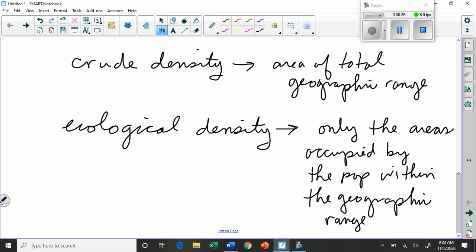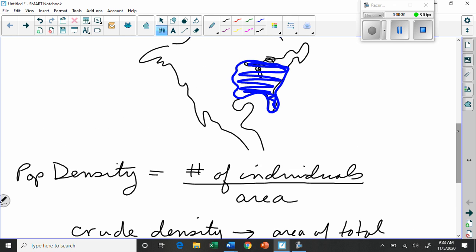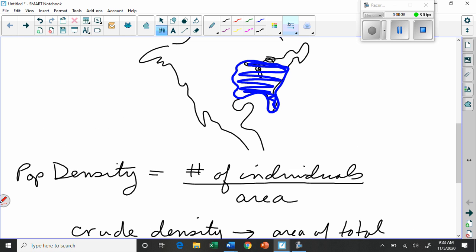Okay, so if we go back to the map, we might find that the yellow warblers in this map are actually not spread evenly out. Maybe they're focused around areas like this in the Great Lake region, where they like fields and marshes, so they don't live along the Appalachian Mountains as much. There's a bunch over here, maybe there's a pocket of them here.